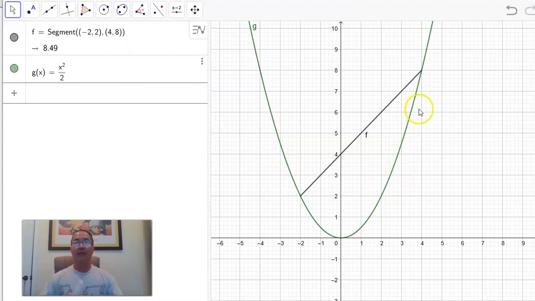We want to follow 1/2 x squared from 4, 8 back to -2, 2. If you want a nice looking diagram, you would use curve. But we want to go from here to here and back where we came from. Does that feel counterclockwise or clockwise to you? We're going around in circles, sort of, and we're doing it in a clockwise manner.